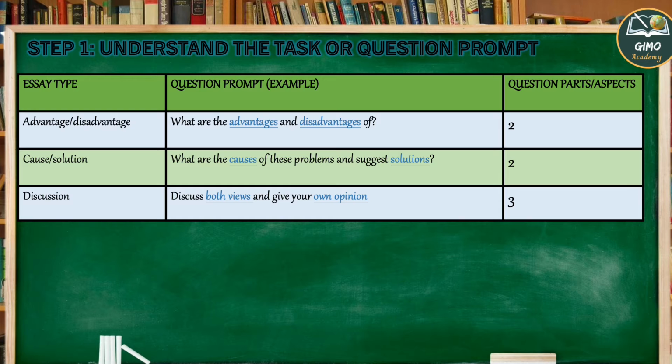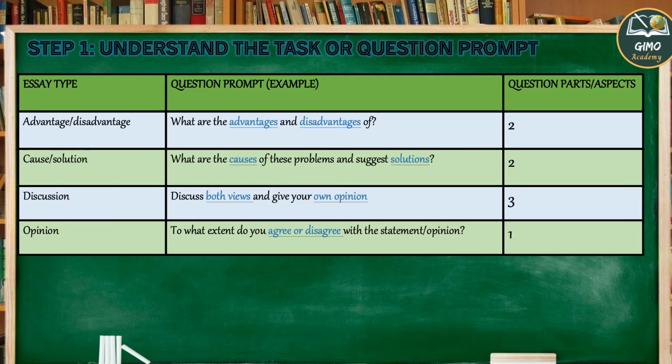Let's move on. We have also the so-called opinion essay. The opinion essay has only one part and has the following question prompt. To what extent do you agree or disagree with the statement? So here you only have to agree or disagree.